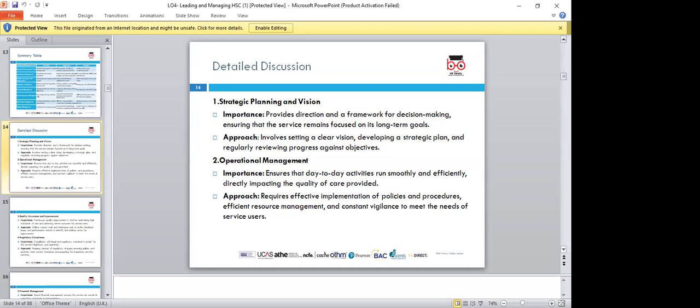So procedures, policies, email management, everything within is more operational. Most times, while strategic planning may be top management level, the operational may be the supervisors, the team leaders, and all that, those are the general staff level.